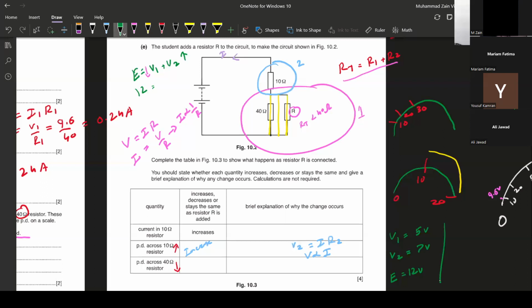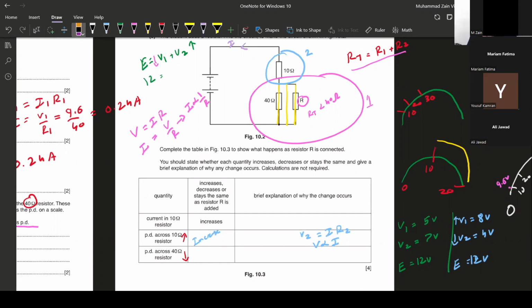Now what happened is that V1 increased from 5 to, let's say, 8 volts, and the total EMF still remains constant, which is 12 volts. So what would happen to V2? Obviously, V2 is supposed to decrease. It would become 4 volts, so that the total sum is again equal to 12 volts.